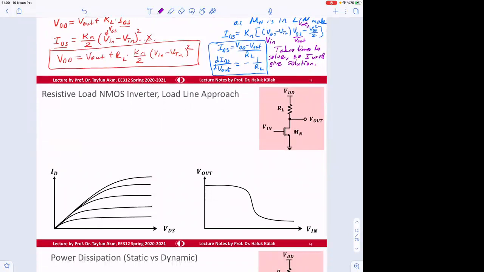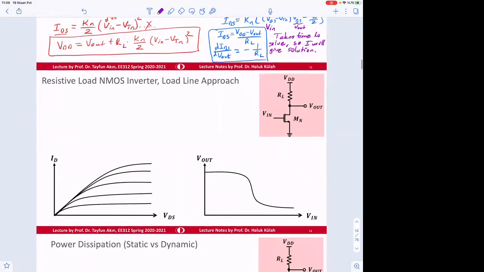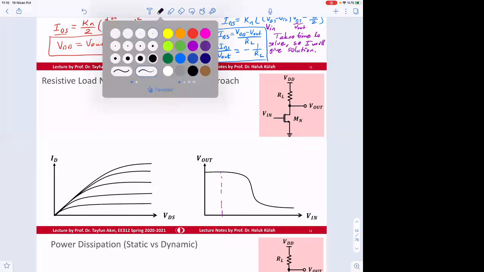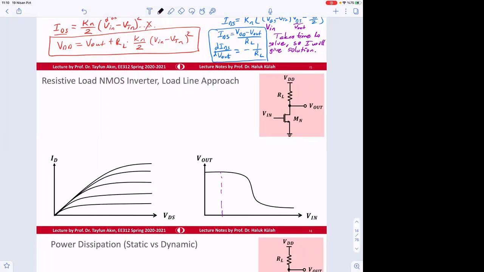So the general operation is shown again here, and I think we did this slide when we derived the load line. So maybe this is given again here, so I can go ahead and give you some more drawings here. I mean, this is not really drawn nicely.